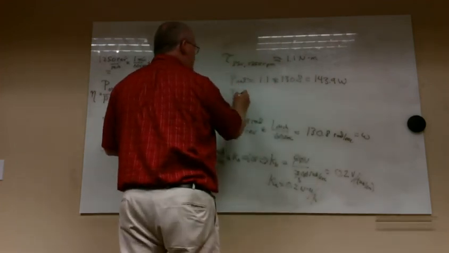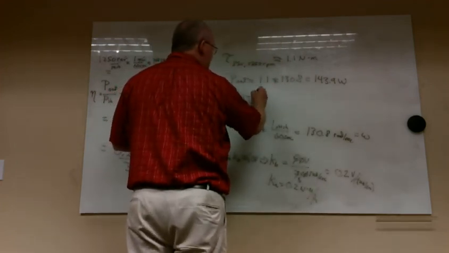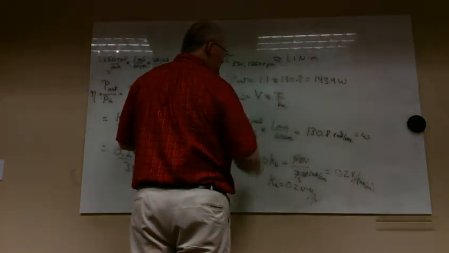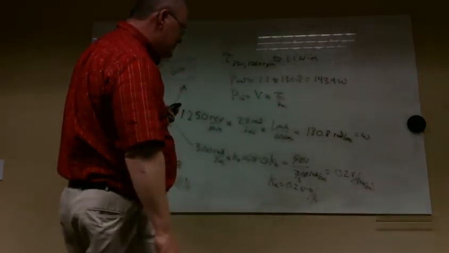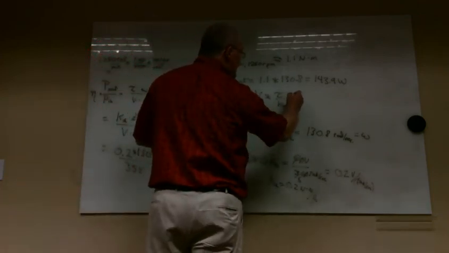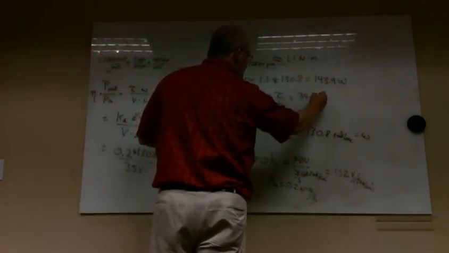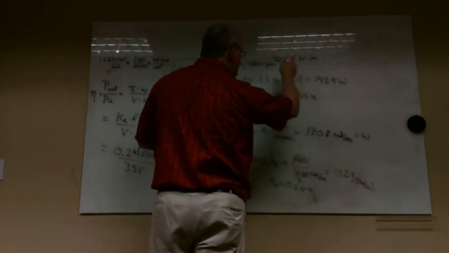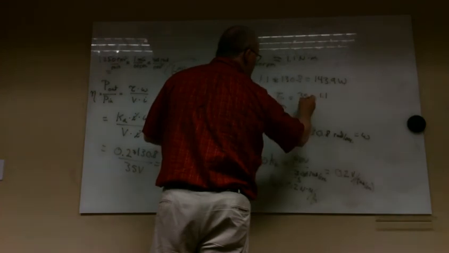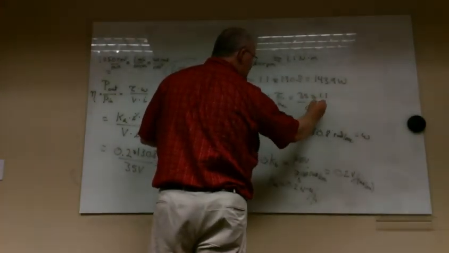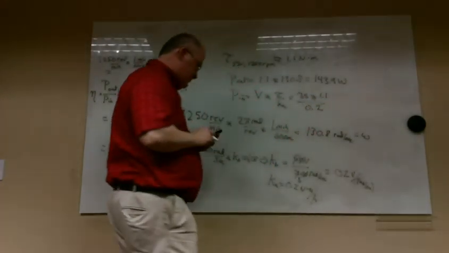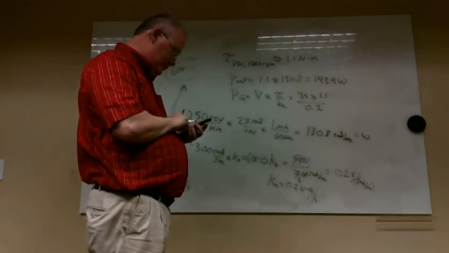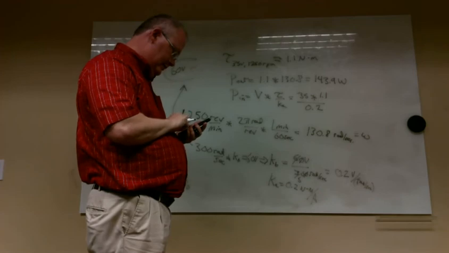P in is equal to V times torque over K sub A. K sub A was 0.2, and so that's actually equal to 35 times the torque, which was 1.1, divided by 0.2. 35, enter, 1.1 times, 0.2 divided by, 192.5.